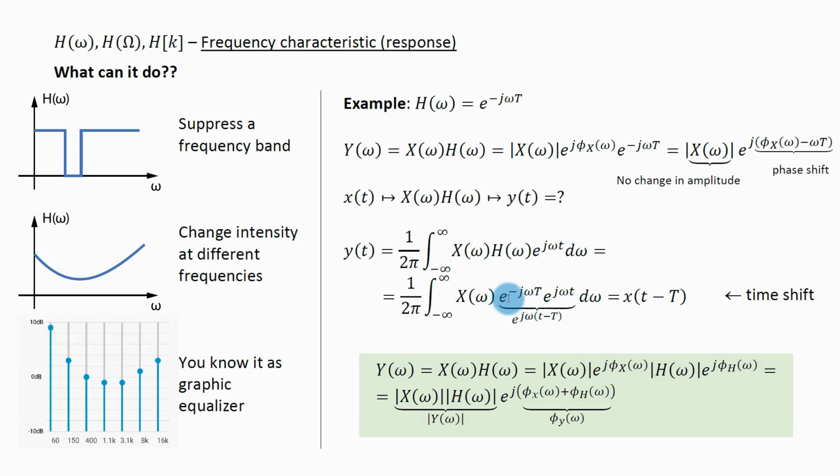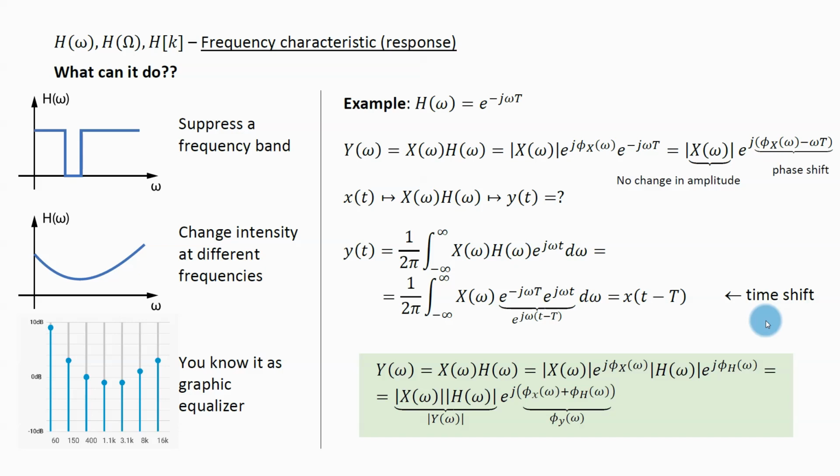Here I just substitute for the frequency response, and I will combine these two exponentials into a single exponential. Now, when you take a look at this integral, you will see it is just the inverse Fourier transform of the spectrum of my original signal, except it is at time t minus uppercase T. So what I will get is my original signal except at time t minus uppercase T. So what this frequency response does is that it introduces a time shift.